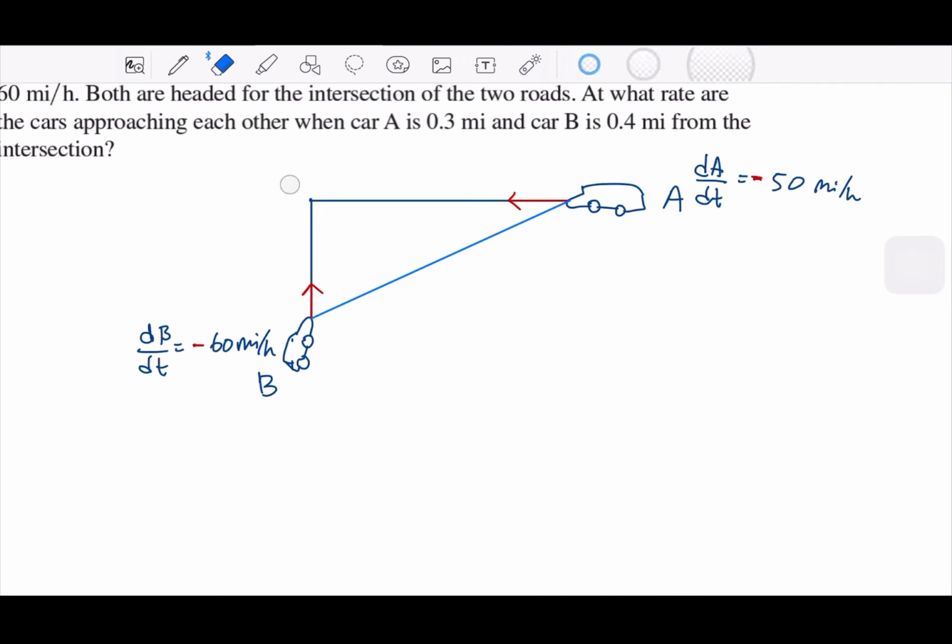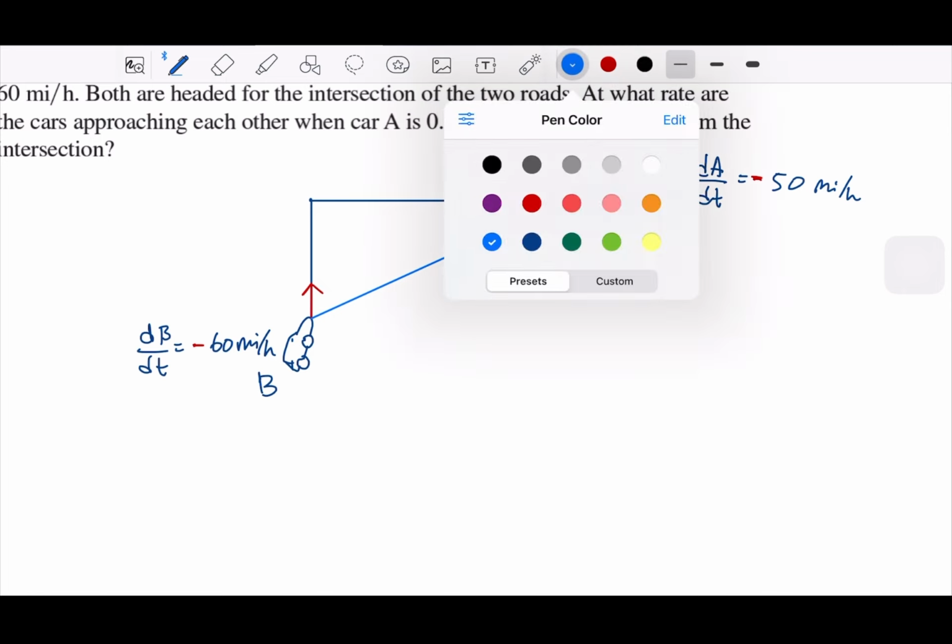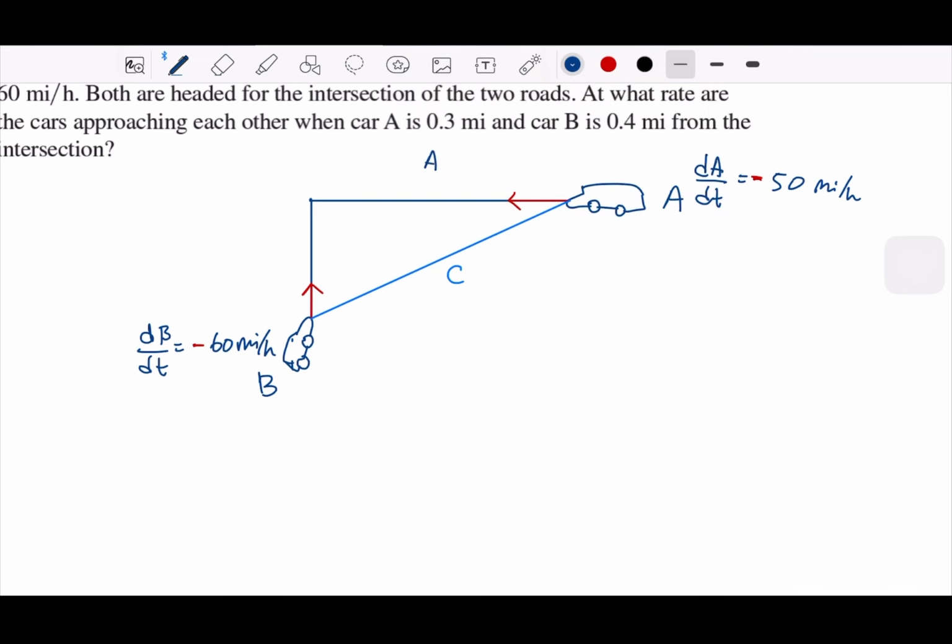Maybe this is not C, maybe another point. So let's say this is C to make it easy to follow. So ABC, like that. So we can connect all this ABC with the Pythagorean theorem: A squared plus B squared equals C squared.